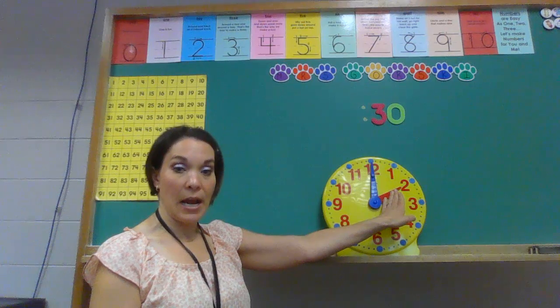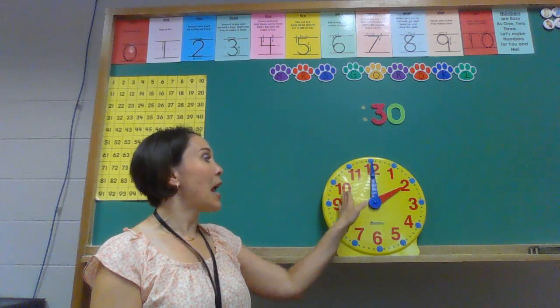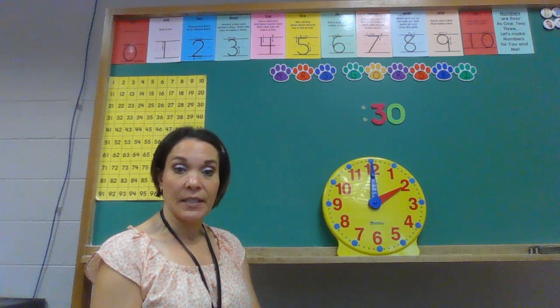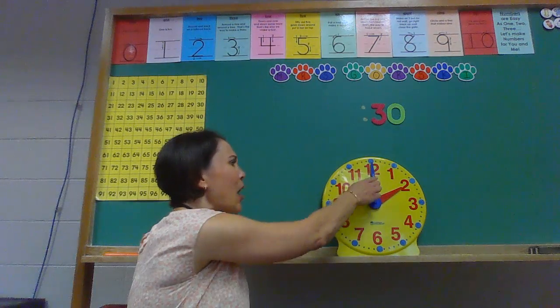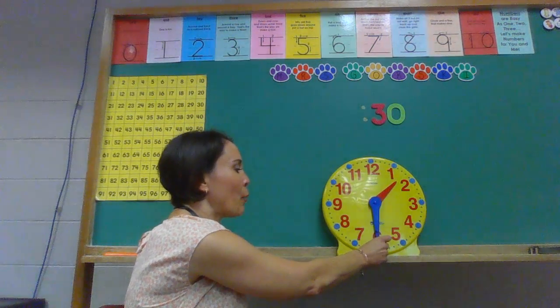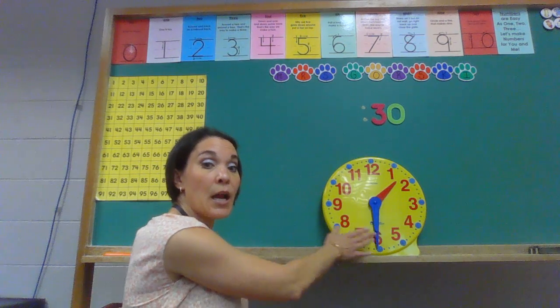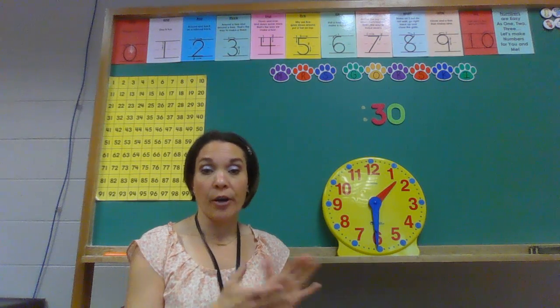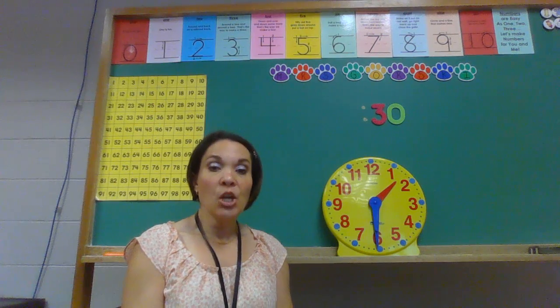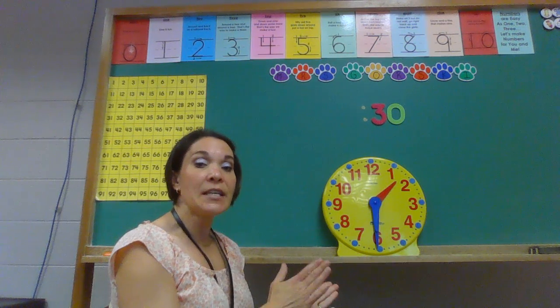And our hour hand could have been on any one of those numbers because it was telling us the hour. And that was pretty easy. But now we have to think about this minute hand beginning to move on our analog clock. So we're going to be focusing on time to the half hour today.